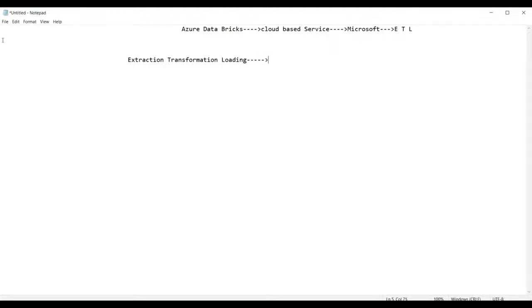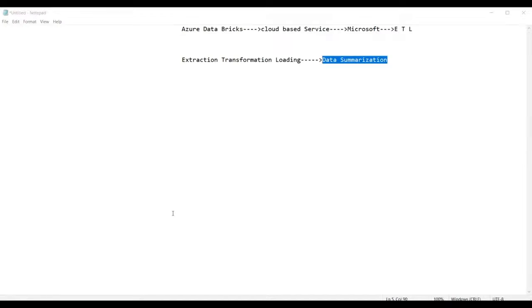This process of extraction, transformation, and loading is a process of what? Data summarization.